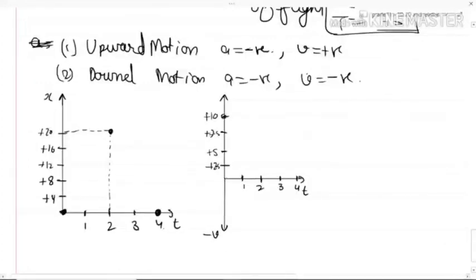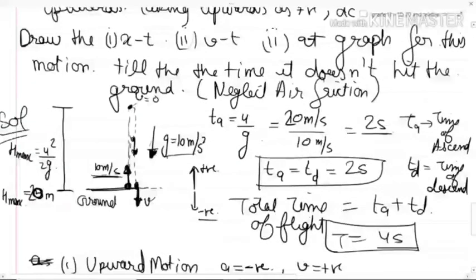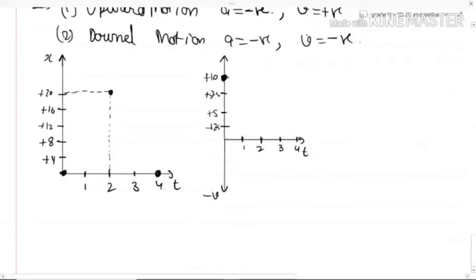So basically the graph will start from here. Can you see, it starts at t equals to 0. In 2 seconds it comes to rest, and at t equals to 4 seconds the velocity becomes minus 10 meter per second. So basically these will be the 3 points.